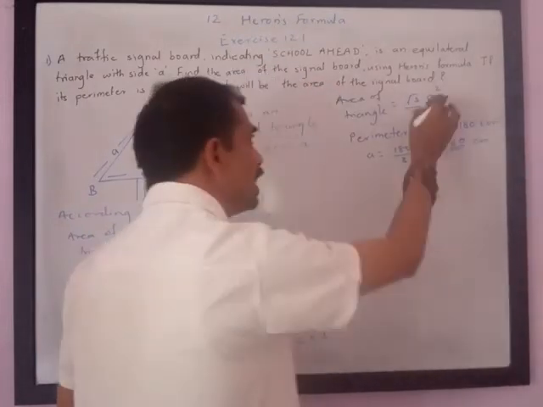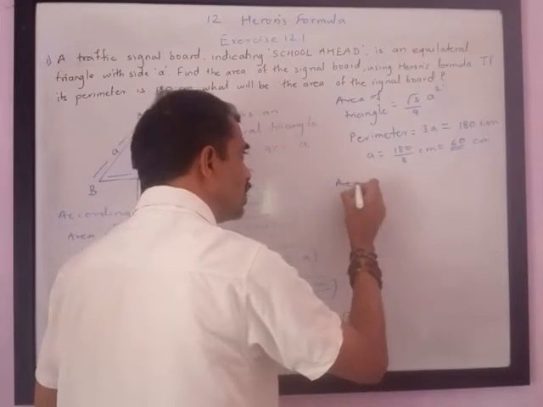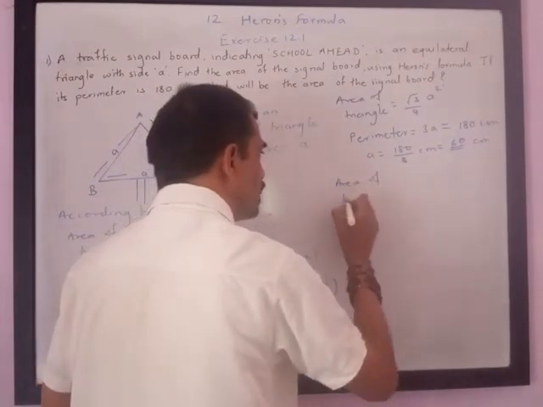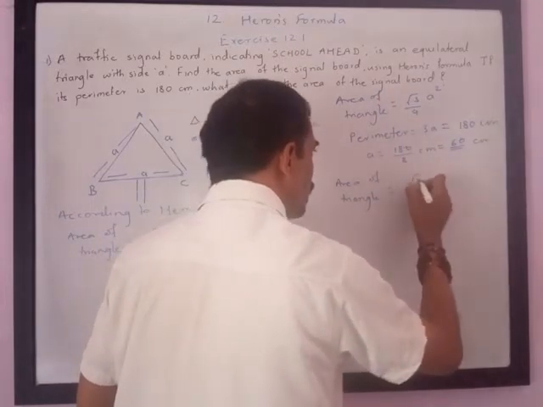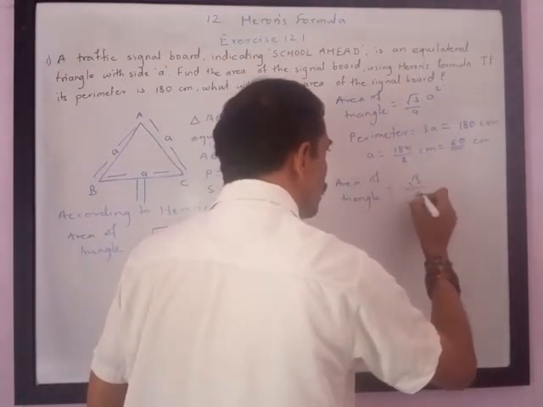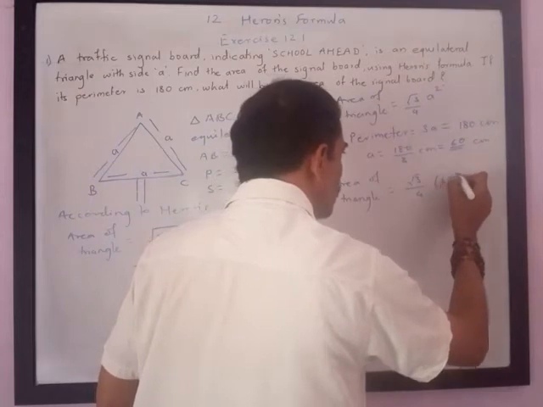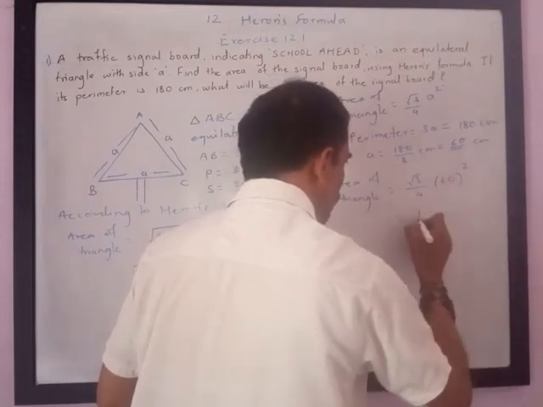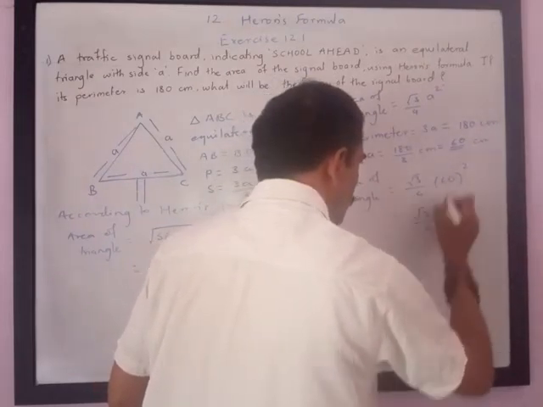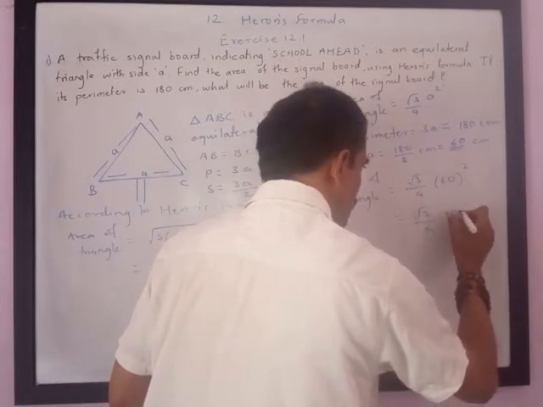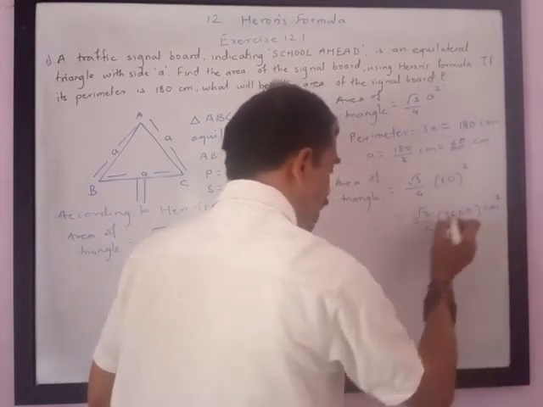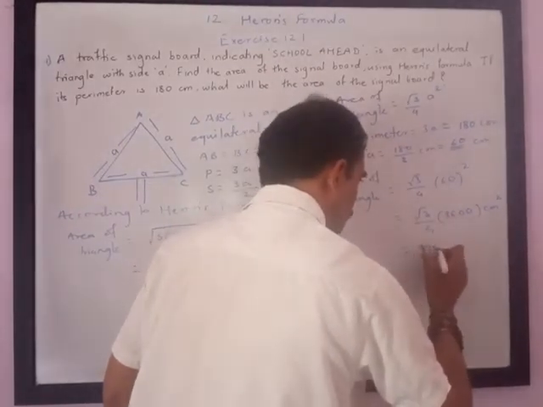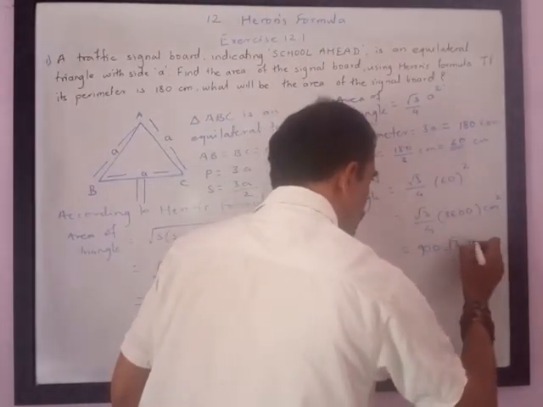Now we have got A's value, so area of triangle is equal to root 3 upon 4 into 60 whole square. So this is equal to root 3 upon 4, 6 square is 36, and 4 nines are 36, we will get 900 root 3 centimeter square.